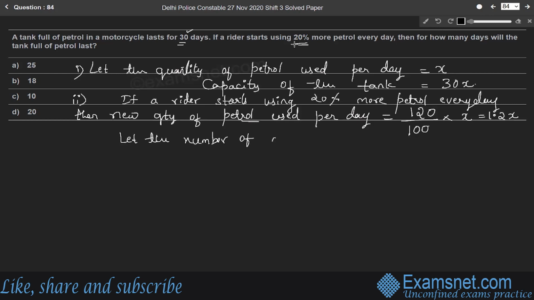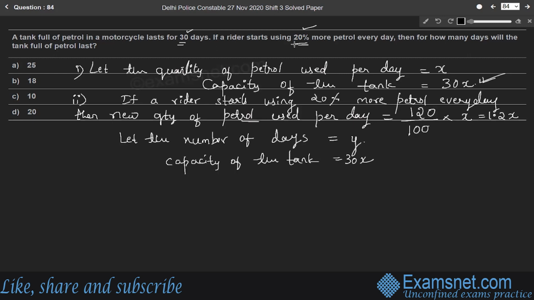So let the number of days be Y. In the second case, when the rider starts using 20% more petrol, let the number of days be Y. Then the capacity of the tank is, we know it already, 30x.